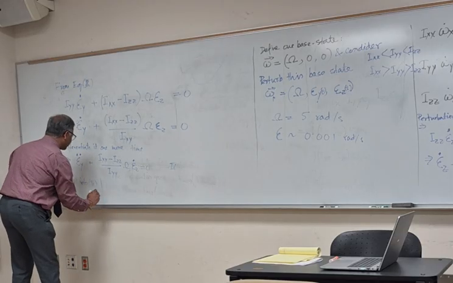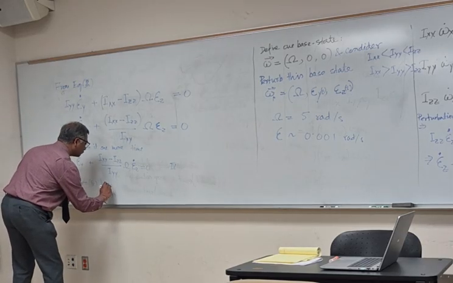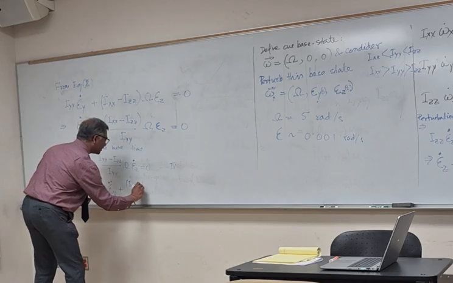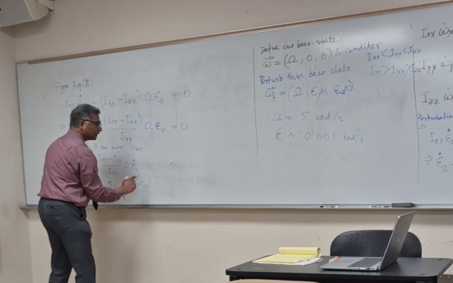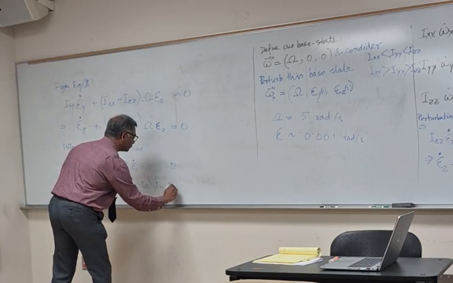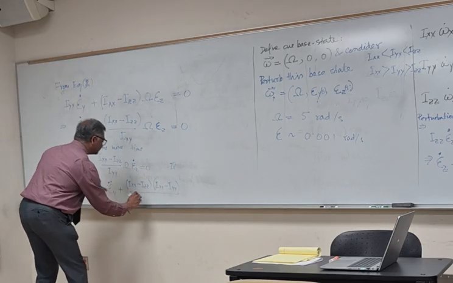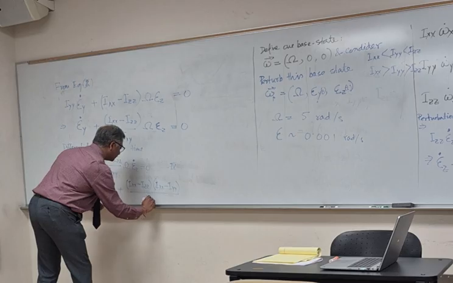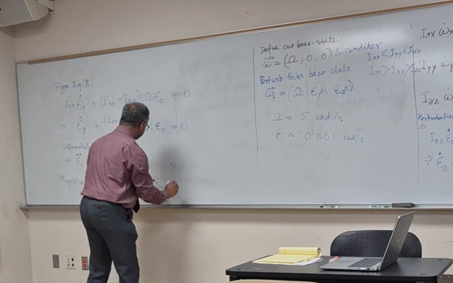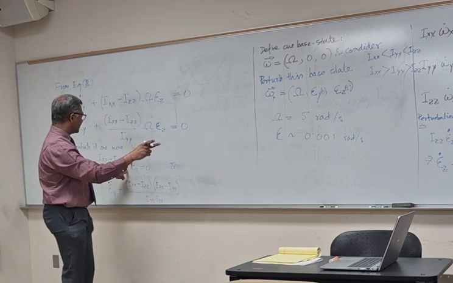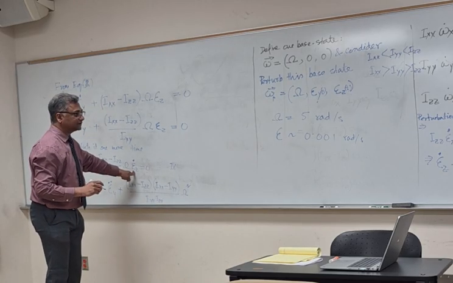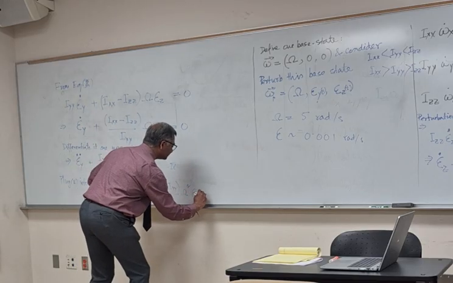So what we get from equation 4 is epsilon y double dot plus (Ixx minus Izz), and then we have (Ixx minus Iyy) divided by Iyy from here, and then there is Izz from equation 5, multiplied by capital Omega here and capital Omega there, so Omega squared, and epsilon y, equal to 0.